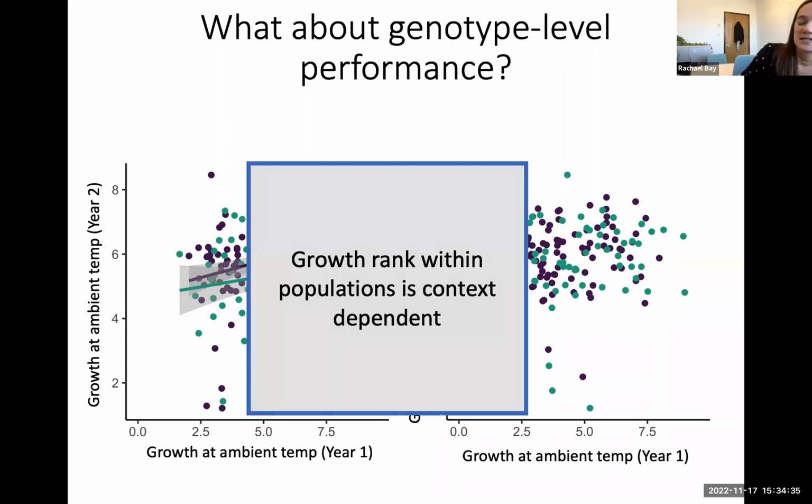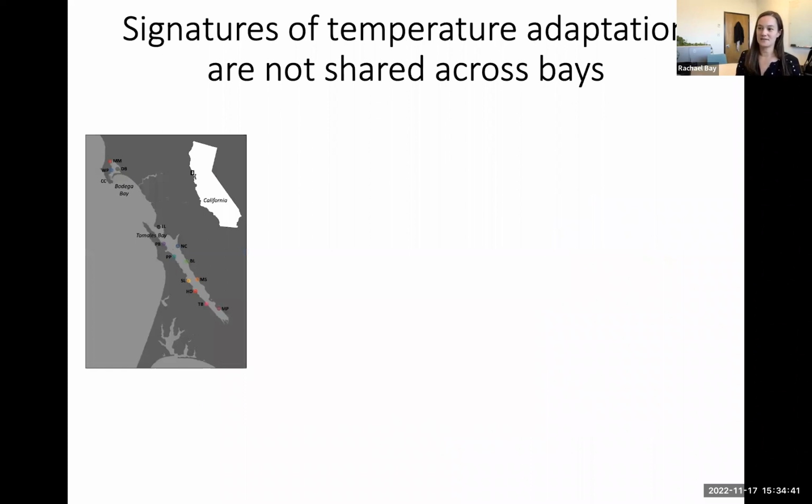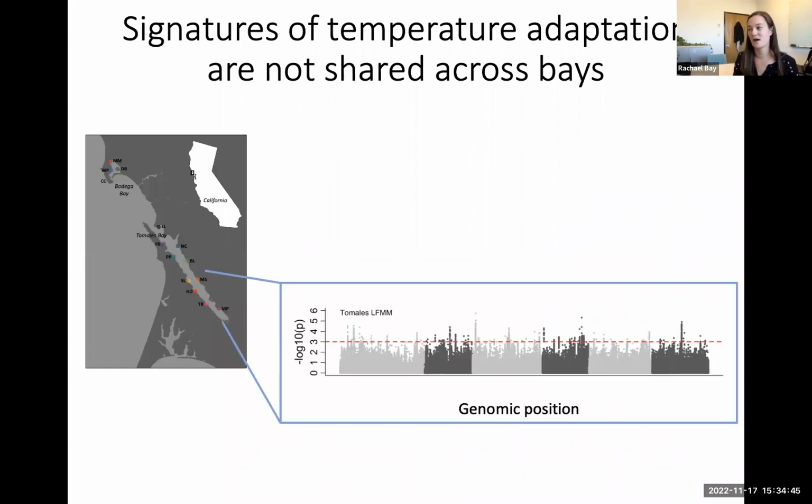So what we want to do is see if we have shared signals of selection across the 2 different bays. Again, you have temperature gradients across both bays, and we use a program called LFMM, which looks for correlations between genotype and environment at SNPs across the genome. And when we're looking in just Tomales, this is what we see. So we see some peaks where SNPs are significantly correlated with temperature.